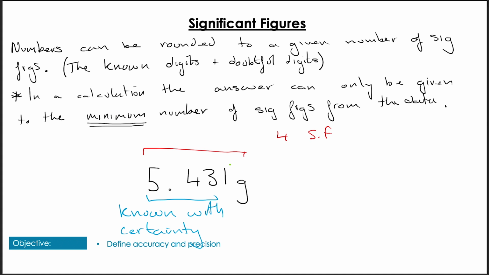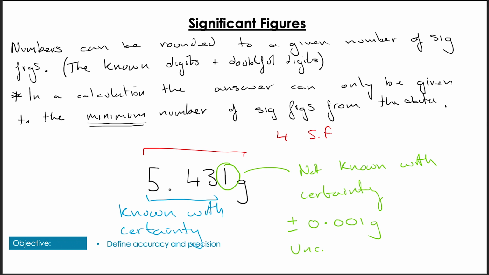And this 1 at the end, because it's the last digit, is our uncertain or our doubtful digit. We are not certain that that is exactly 1. It could be larger or it could be slightly smaller than that. And that's where we get our uncertainty or absolute uncertainty from, plus or minus 0.001, in this case, the smallest increment of measurement used when measuring this mass.